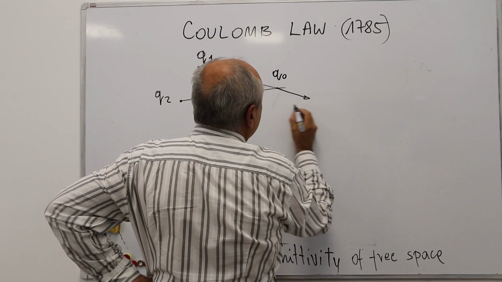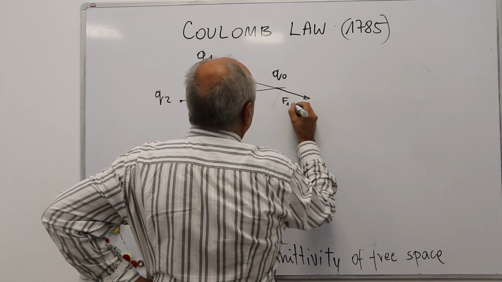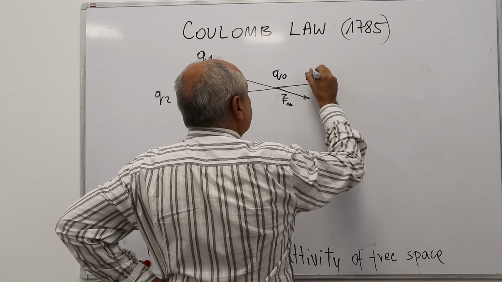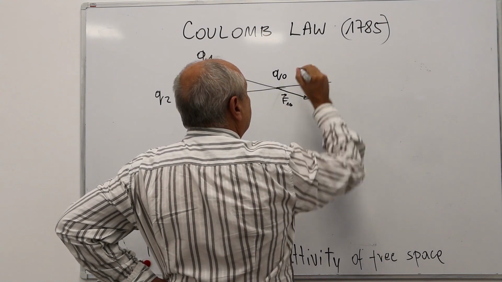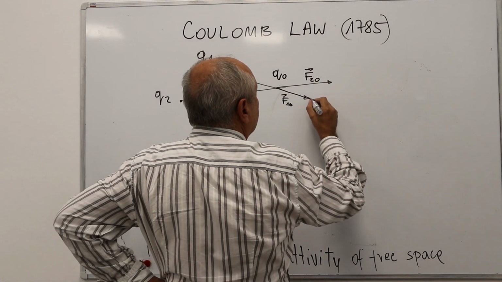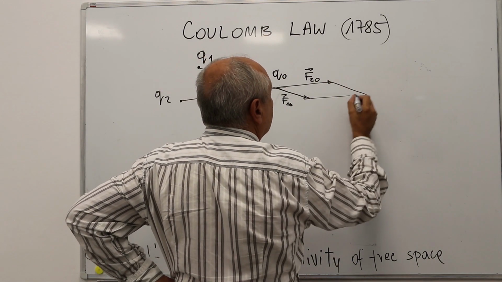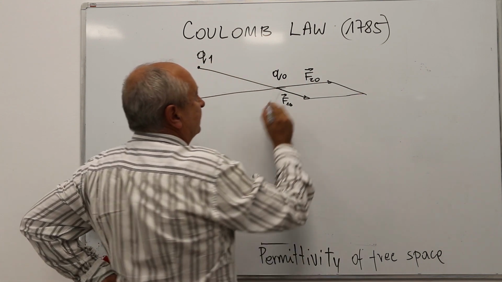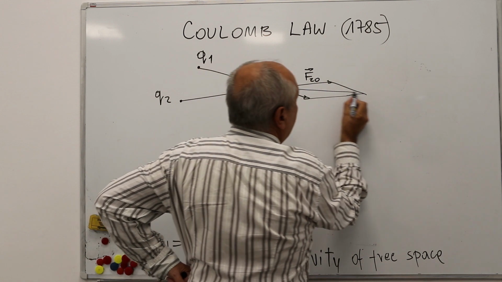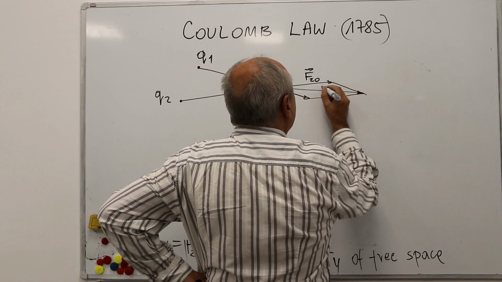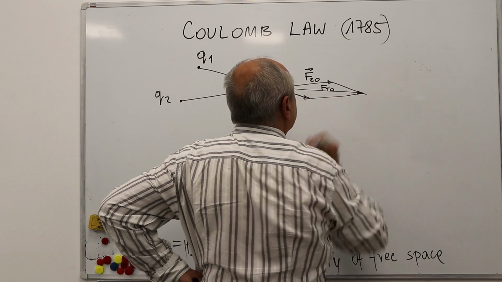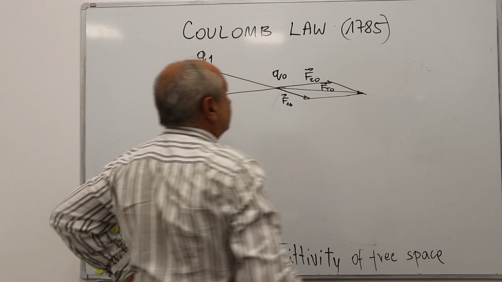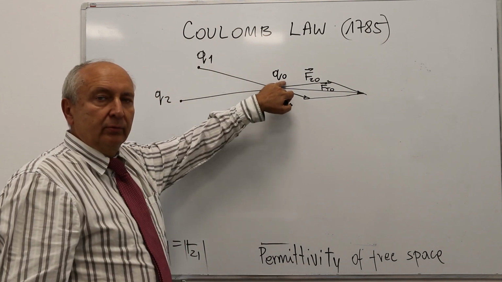One force is F10, and the second force is F20. The total force, Ft0, is the total force exerted on Q0.